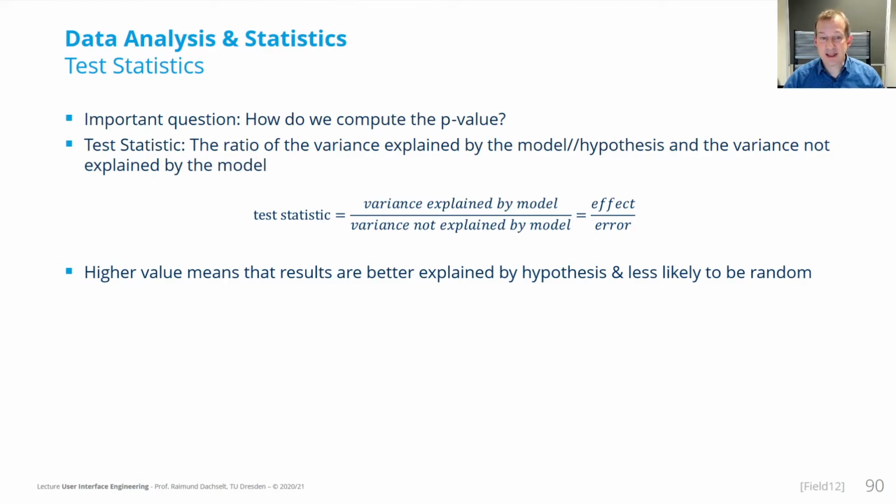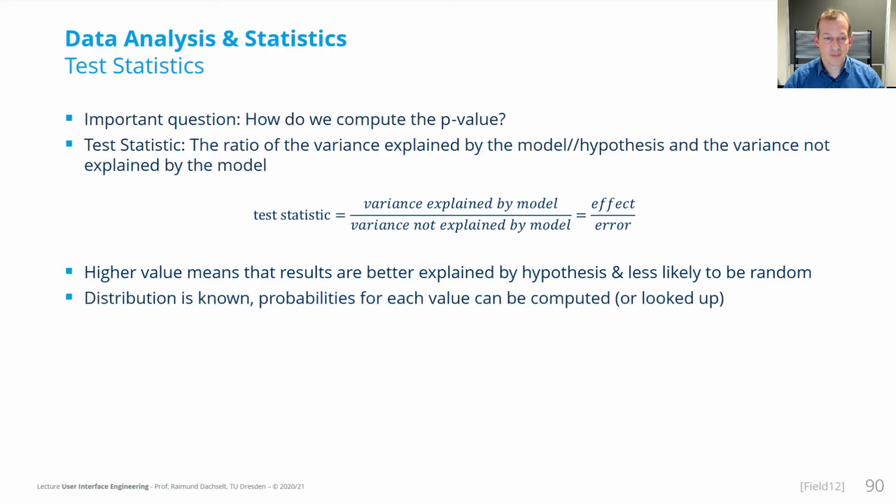A higher value means that the results are better explained by the hypothesis and less likely to be random. So if the effect is big and the error is small, we have a higher value. And so the variance explained by the model is less likely to be random. The distribution is known.